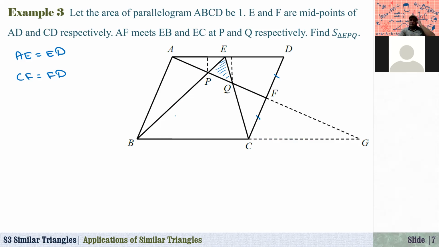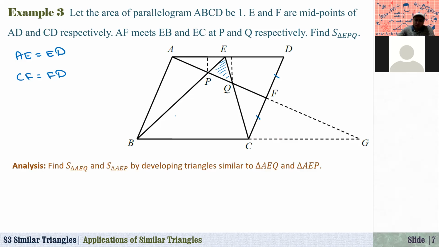Anyway, before we start, first let me draw a perpendicular line from P to AE and from Q to ED. These are perpendicular lines. After that, let me produce the line segment AF until it meets the extension of BC. They meet each other at G.